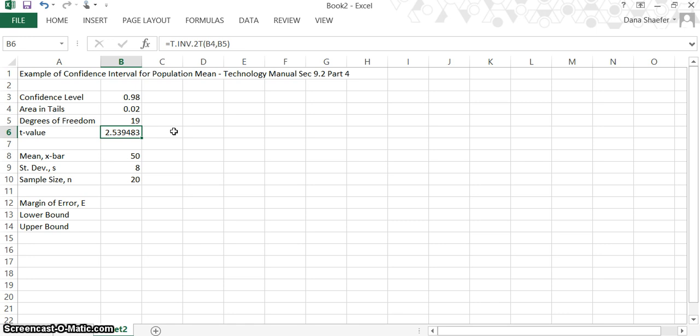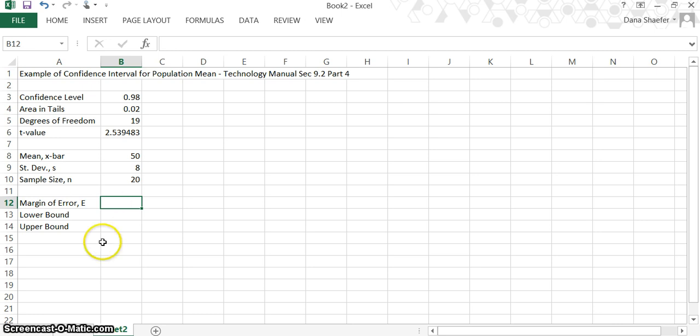Then the next thing I need to do is come up with that margin of error. I need to come up with the E so that I can add and subtract that from my point estimate. So that's the next thing that we're going to do with this problem. We're going to have a new cell, and we're going to figure out that margin of error.